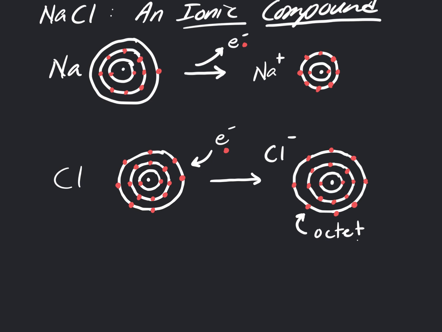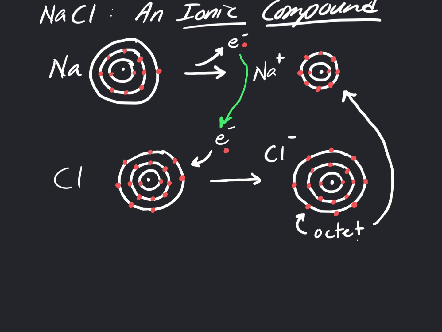And by the way, take a look at sodium. The sodium ion now also has an octet in its outer layer because it lost an electron. You could already see this, but this electron really is this electron.